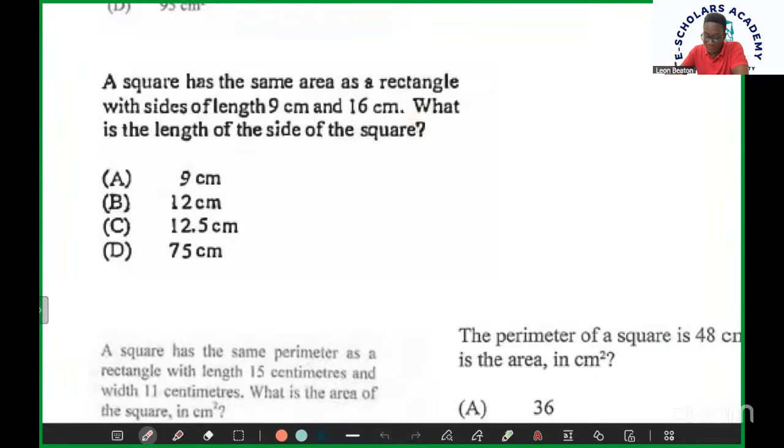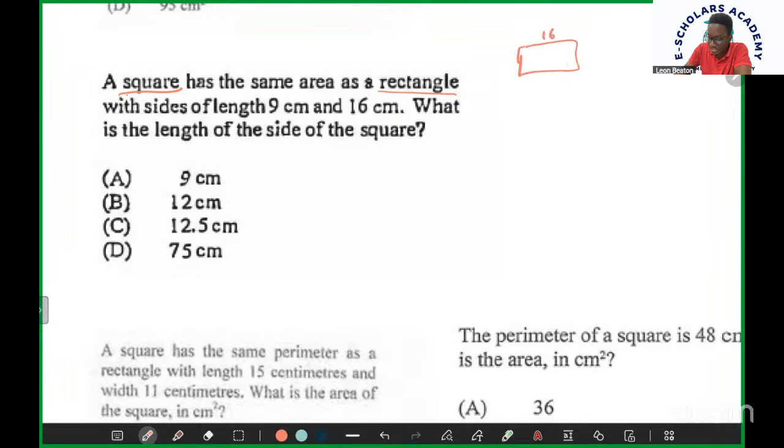A square has the same area as a rectangle with sides 9 cm by 16 cm. What is the length of the side of the square? The square and the rectangle have the same area, so you can find the area of the rectangle.